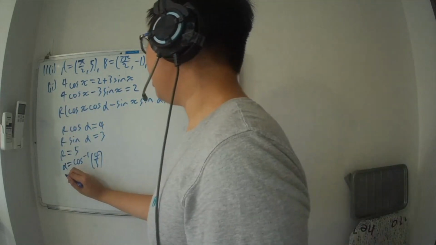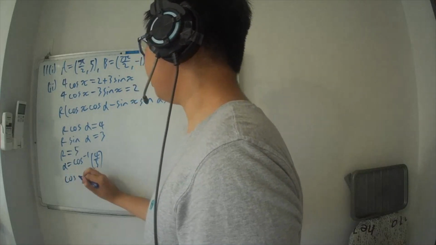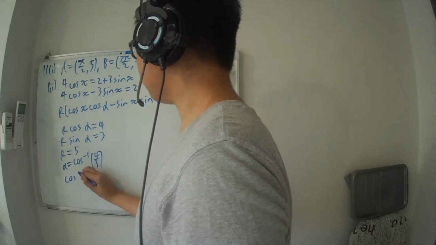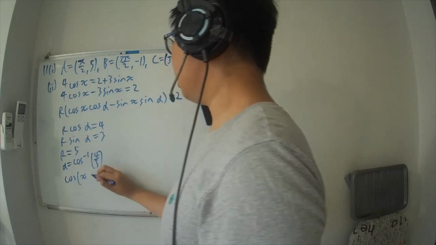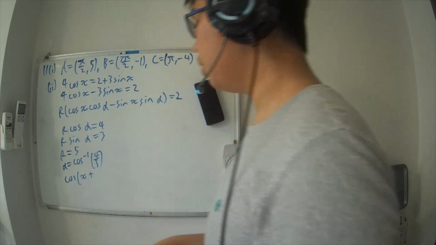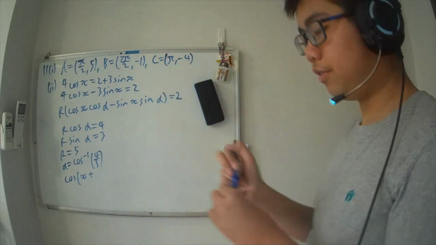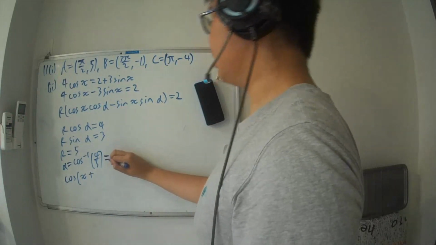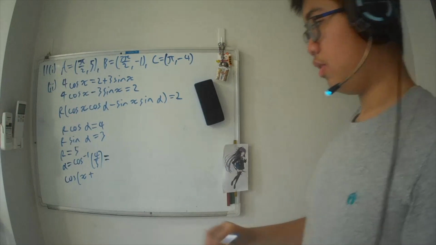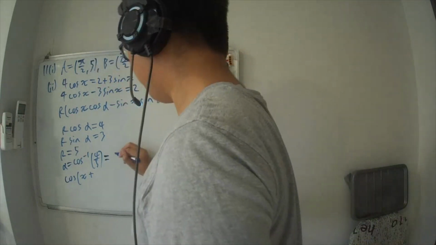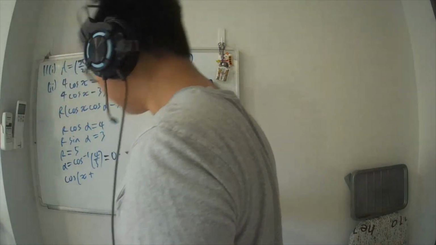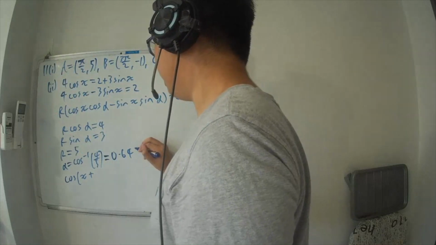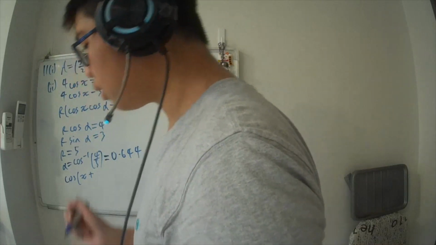Then we will have cosine of (x plus the basic angle), and cosine inverse of 4 over 5 is what? Let's approximate, 0.644.